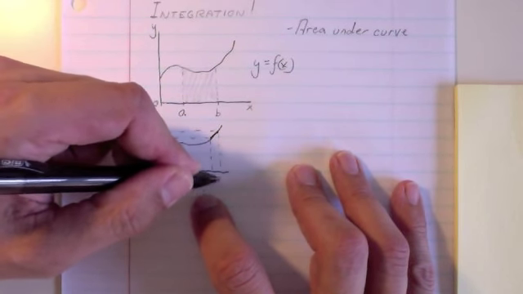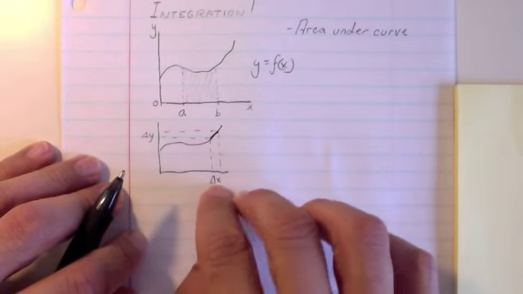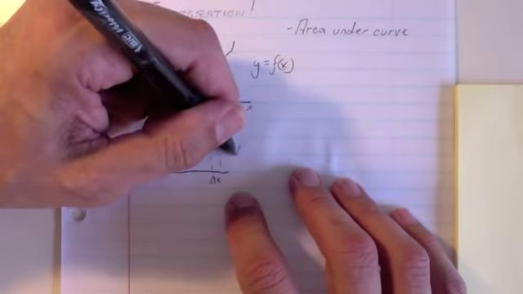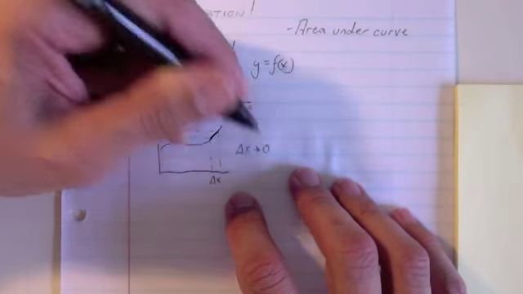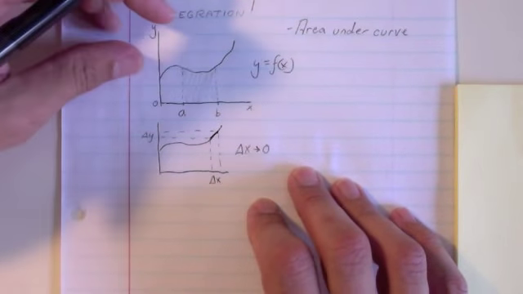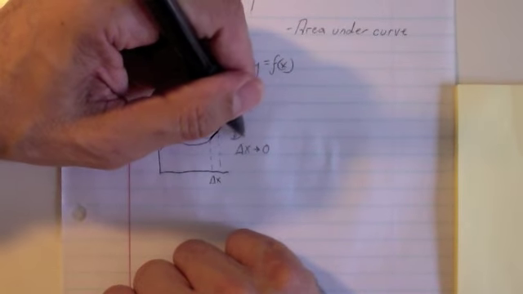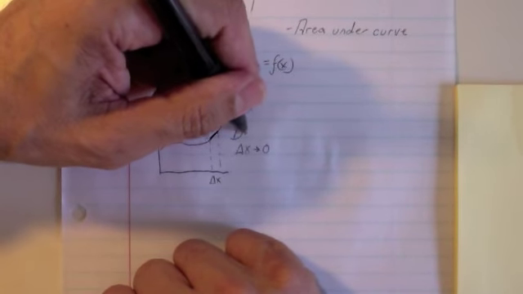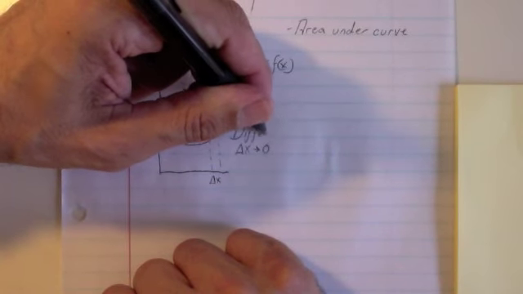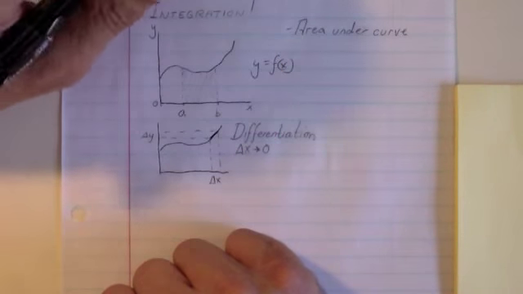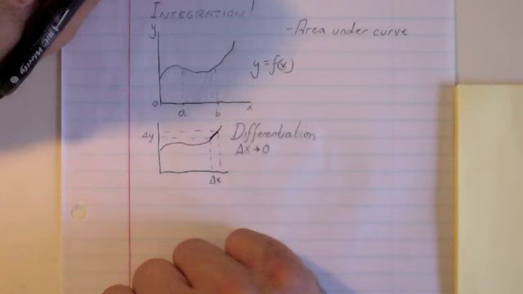The rise over run, and you tried to make delta x as small as you could possibly do. And as delta x approaches 0, you would get a very good approximation of the slope by finding the derivatives. We call that differentiation. Integration is a similar kind of process.